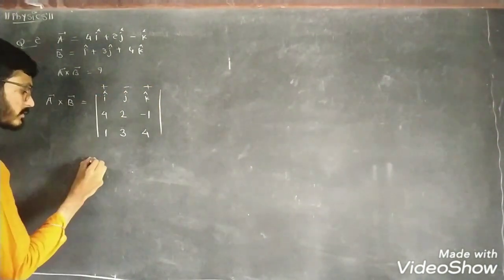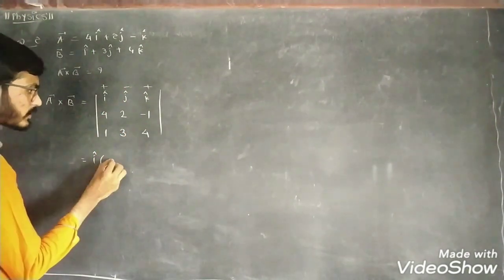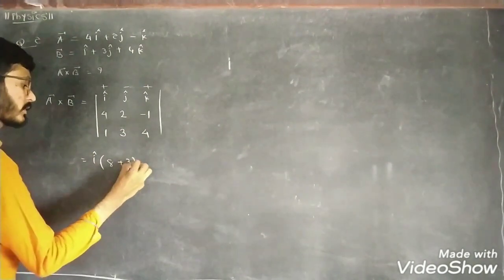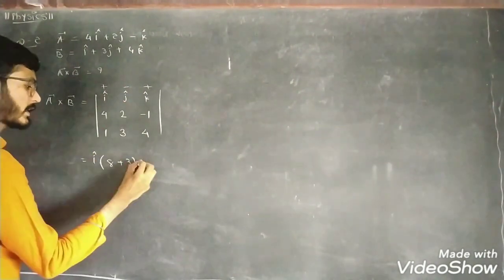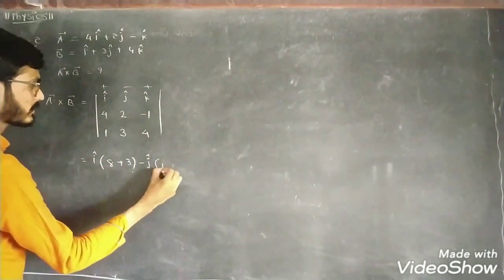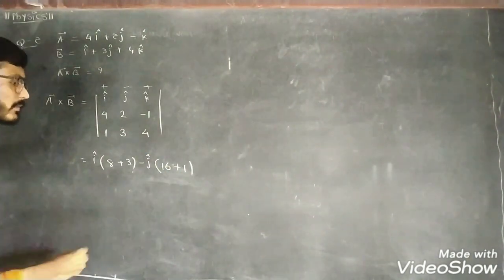To open the determinant, the method is plus minus plus. So plus i caret into cross multiplication: 4 2s are 8, minus minus plus 3 1s are 3. Minus j caret, cross multiplication: 4 4s are 16, minus minus plus 1 1s are 1.